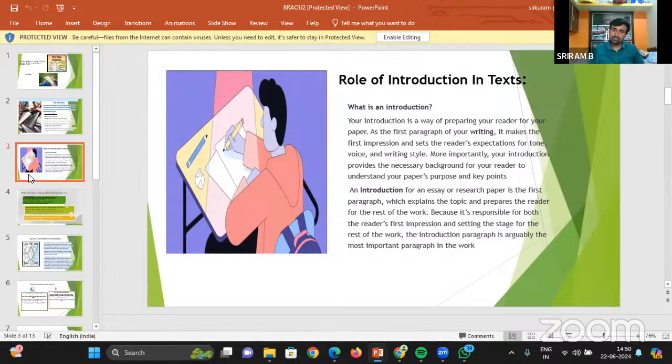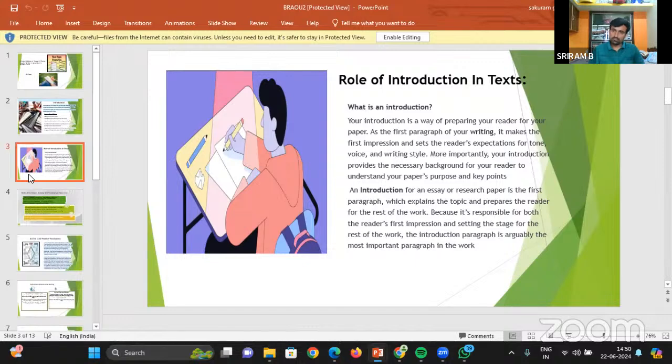Role of introduction in text. What is an introduction? Your introduction is a way of preparing your reader for your paper. As the first paragraph of your writing, it makes the first impression and sets the reader's expectations for tone, voice, and writing style. More importantly, your introduction provides the necessary background for your readers to understand your paper's purpose and key points.